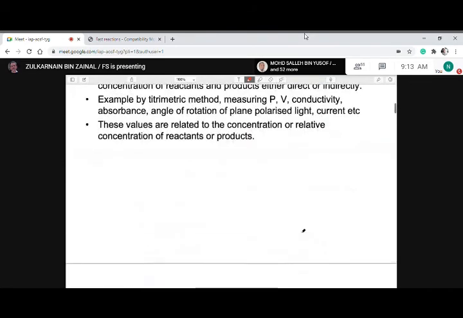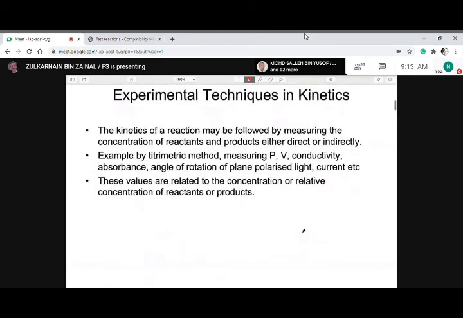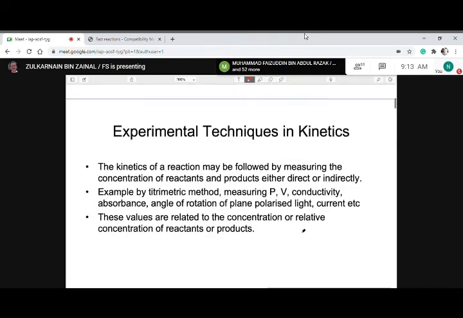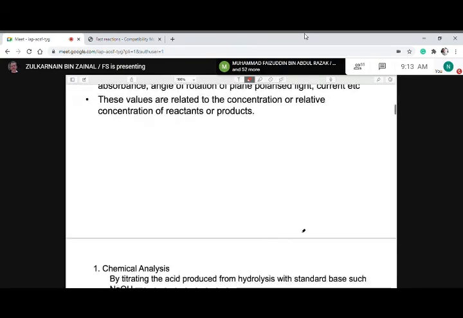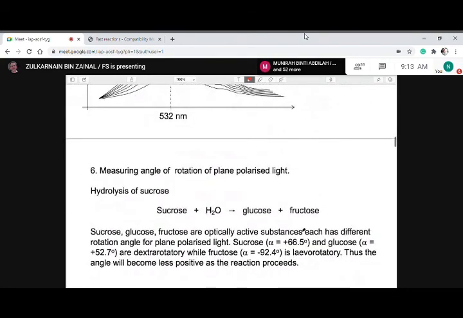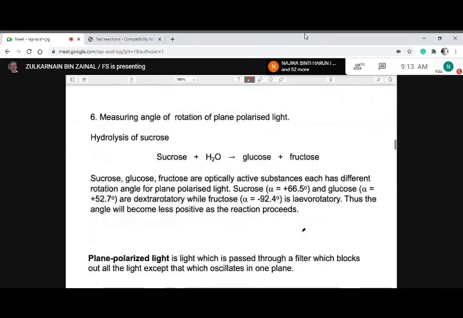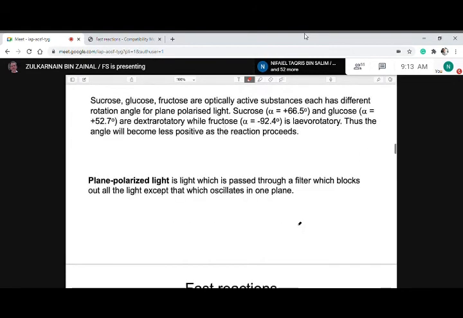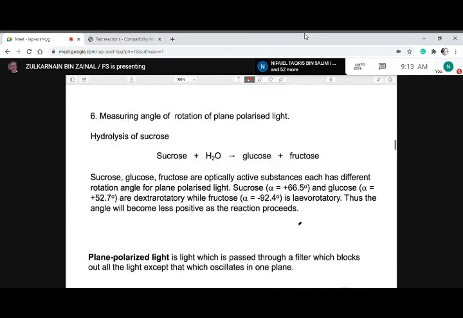It is only on the experimental techniques for kinetics. I think this is already discussed by Dr. Hanif, so I don't have to go through this one. And also the sucrose measuring angle of rotation, plenochloride. These are some of the techniques used in chemistry for studying kinetics.